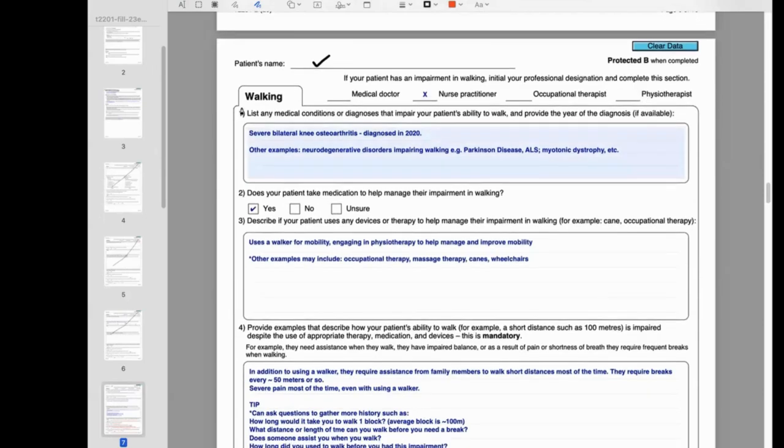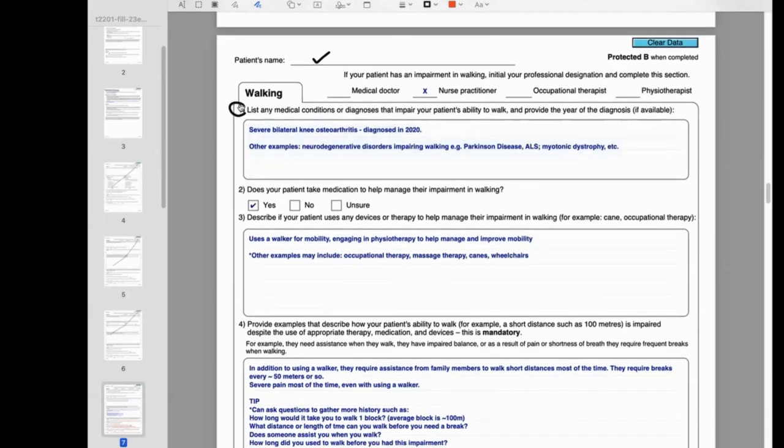So, number one, they ask you to list any medical conditions or diagnoses and provide the year of the diagnoses if available. So, for this example, this person has severe bilateral knee osteoarthritis diagnosed in 2020. Other examples, right, might include Parkinson's, ALS, myotonic dystrophy, just whatever diagnosis is linked with that walking impairment, you would put here. Number two, they ask, does your patient take medication to help with their impairment?